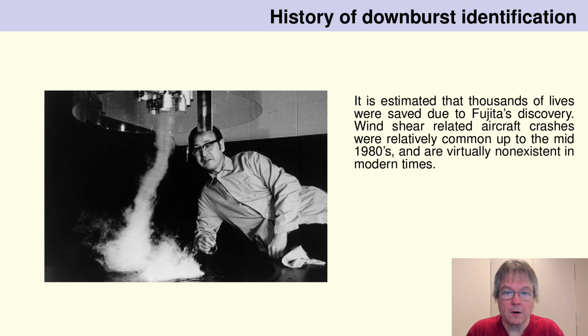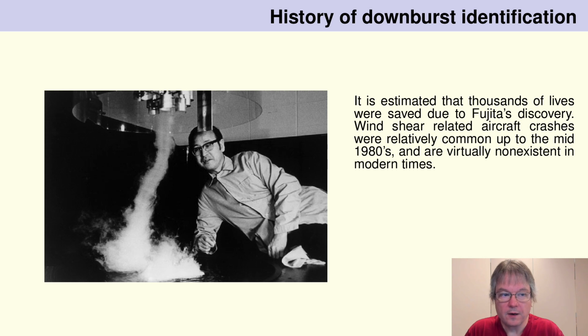In other words, pilots had not yet been trained on how to deal with downbursts, or they weren't even aware that they existed. So there were some pretty high-profile airline crashes in the 70s and 80s that were due to aircraft encountering wind shear.